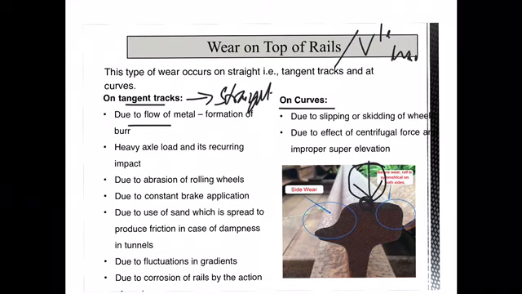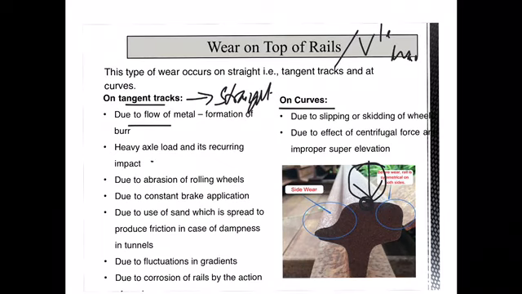Because of this small area, which produces the largest stresses, when the stresses exceed the elastic limit of the material, we can see the flow of metal. The metal starts flowing in the direction of the movement, and that leads to the formation of burrs. That is one reason for the occurrence of the wear.